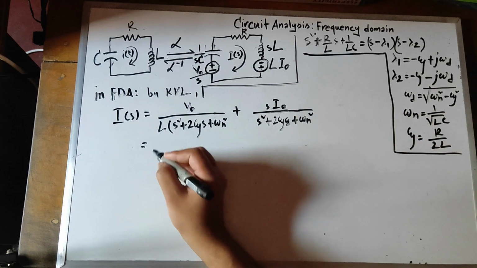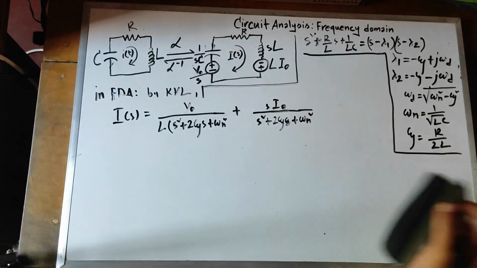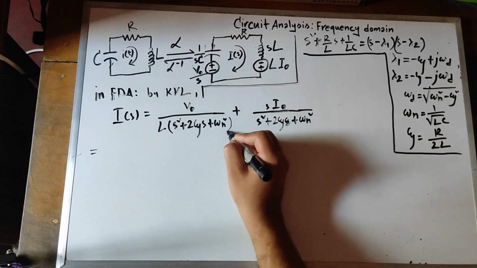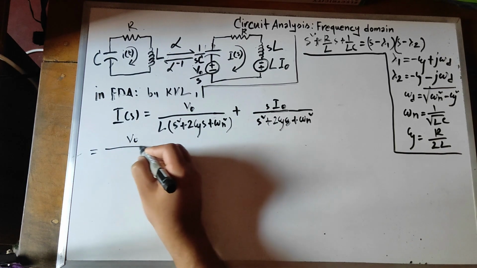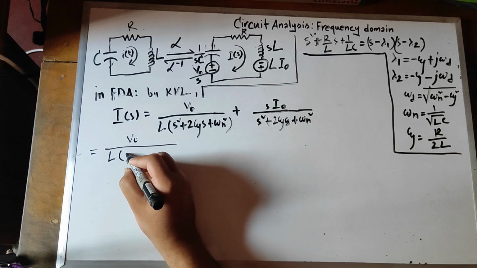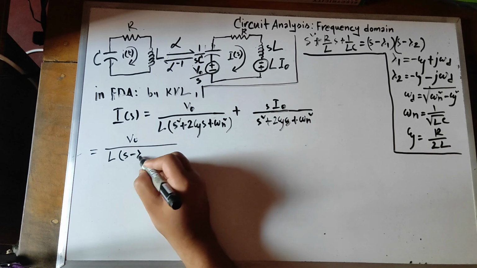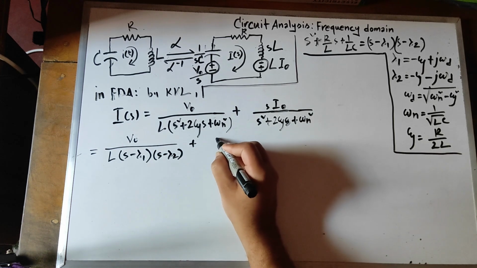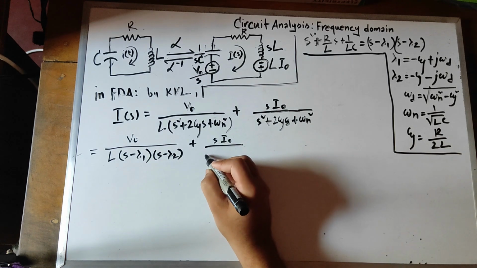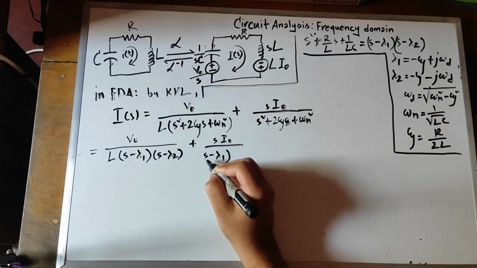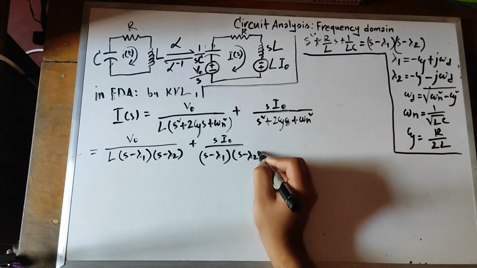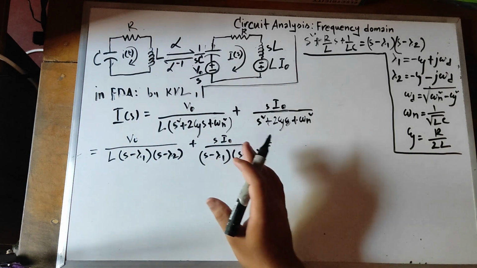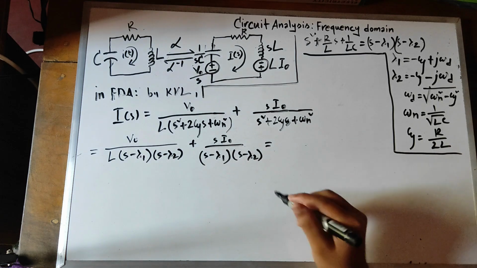Now what I'm gonna do is write it in factorized form. So V0 by L over s minus lambda 1 times s minus lambda 2, plus the other term over s minus lambda 1 times s minus lambda 2. Now we're gonna break the two terms into partial fractions.